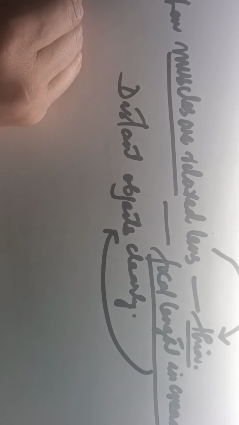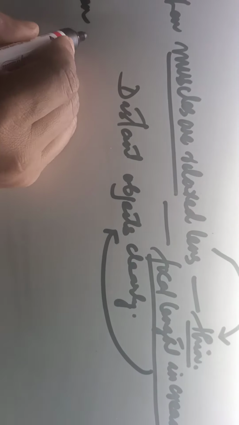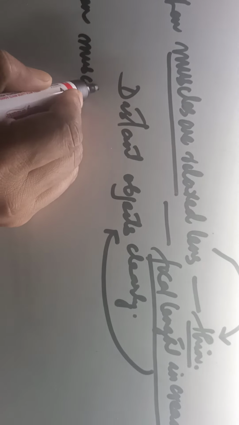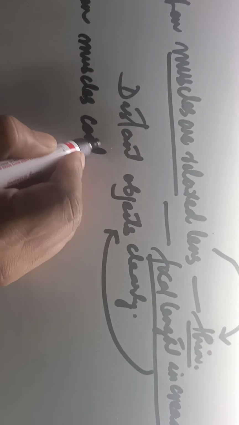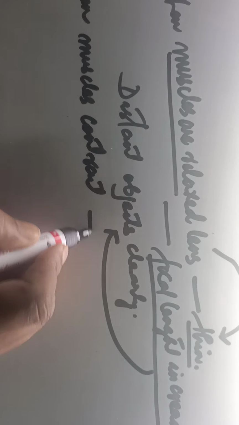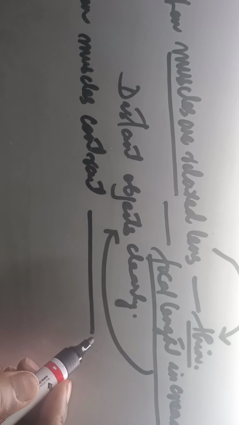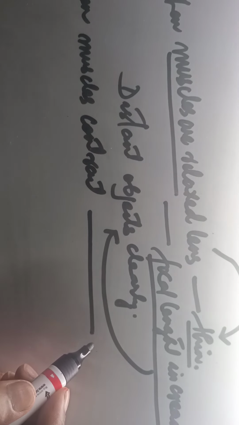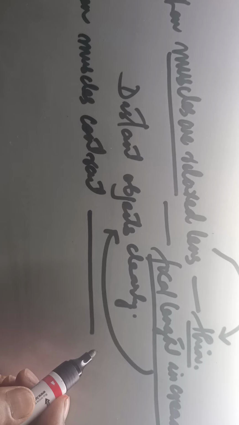Now the second scenario is when the eye muscles contract. What happens to the eye lens? When you are looking at objects closer to the eye, the ciliary muscles contract.